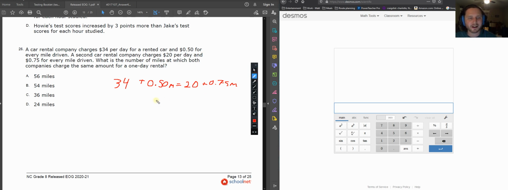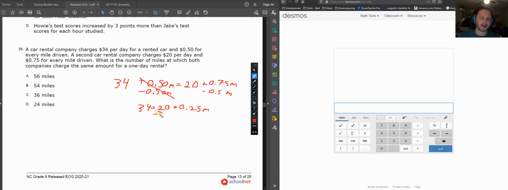So for starters, I'm going to get my variable to just one side by subtracting 0.5 miles from both sides. And that's going to give me 34 equals 20 plus 0.25 miles.